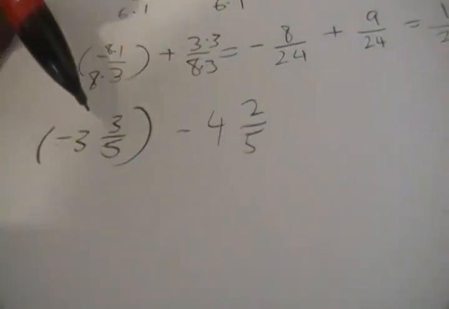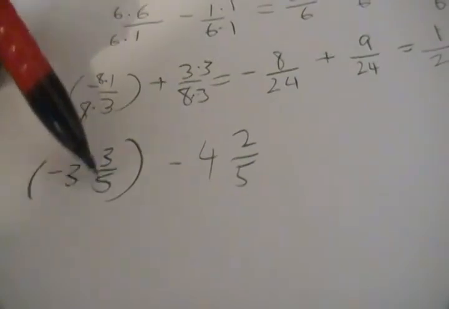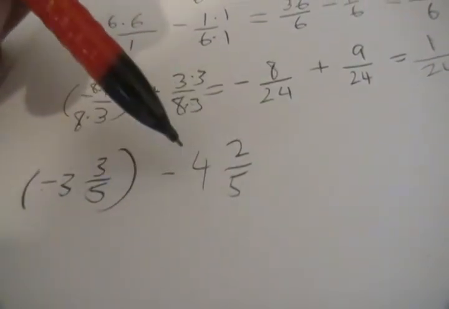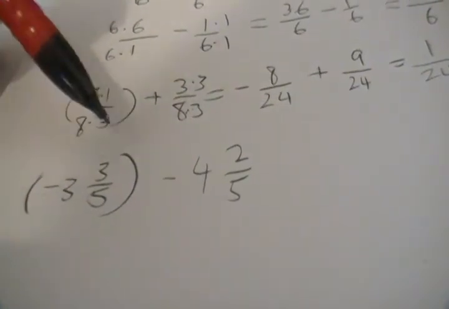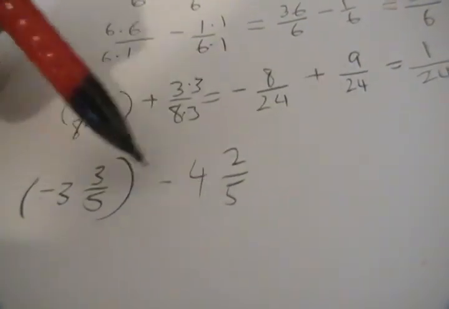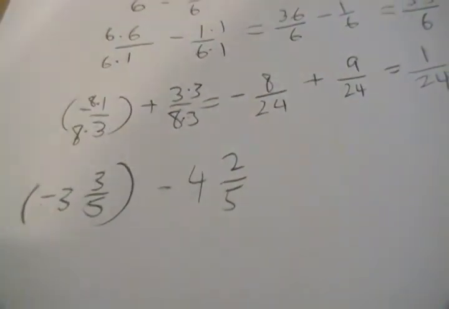Whenever you have mixed numbers, what you're going to do is this: you add the fractions together, and then you add the whole numbers together. Well, in this case, since they're both negative numbers, we actually add them together, and our final answer is going to be a negative number.